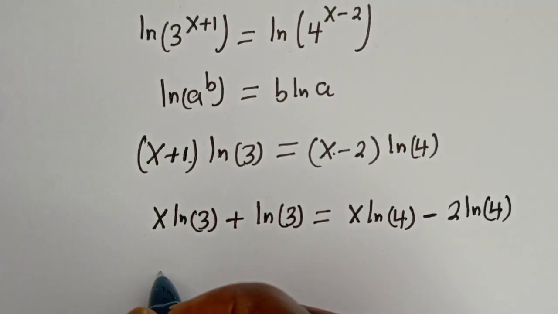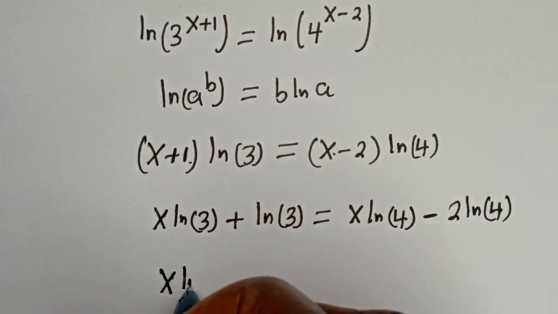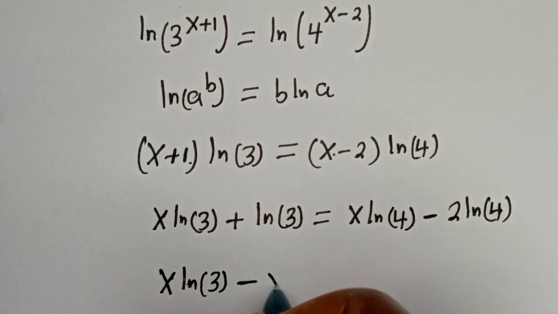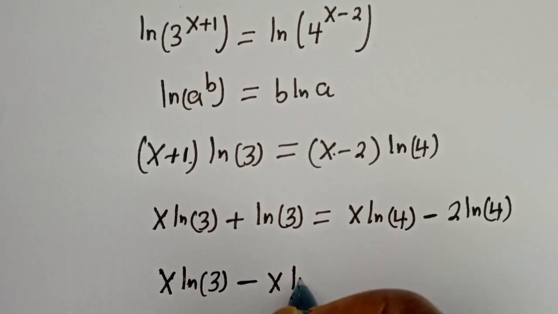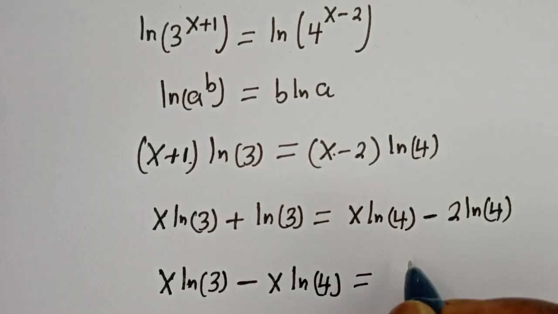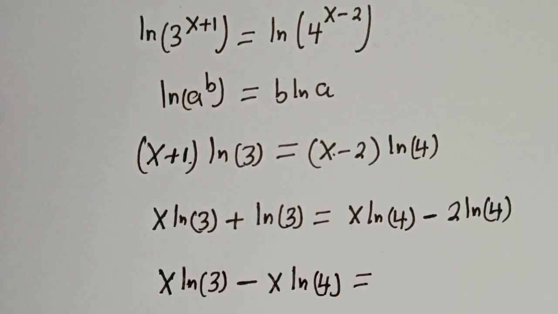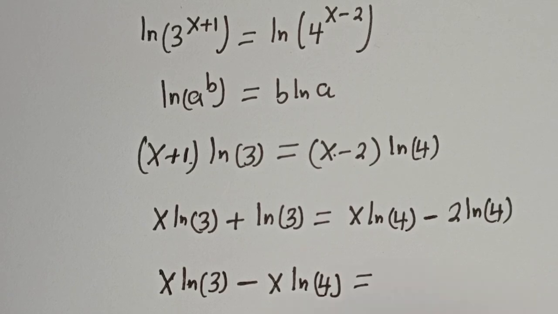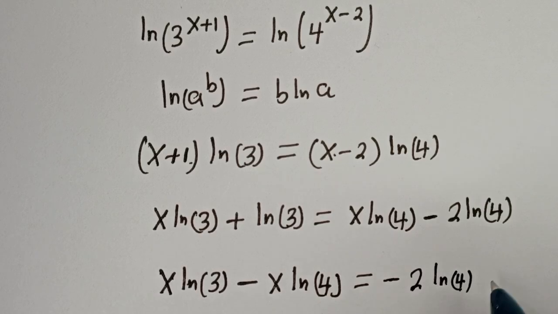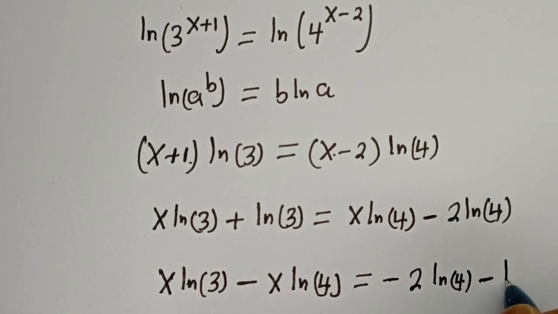Here is x ln of 3 minus x ln of 4 is equal to minus 2 ln of 4, then minus ln of 3.